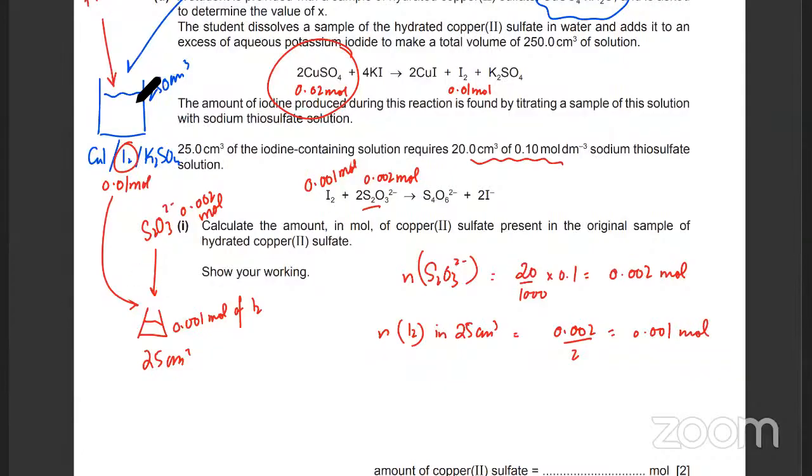After that, we figured out the moles of iodine in the 250 cm cube, and that was 10 multiplied by 0.001, which came out to be 0.01 moles. And then we figured out the moles of copper sulfate from the first reaction where you had the moles of iodine. So the moles of copper sulfate were double of that. That's 0.01 times 2.